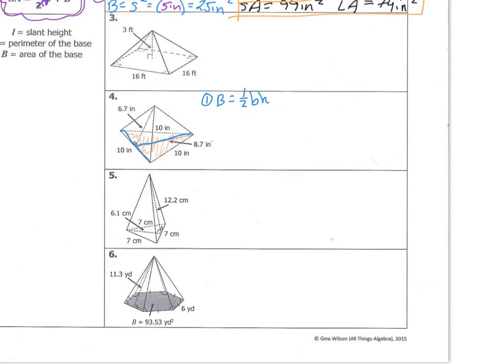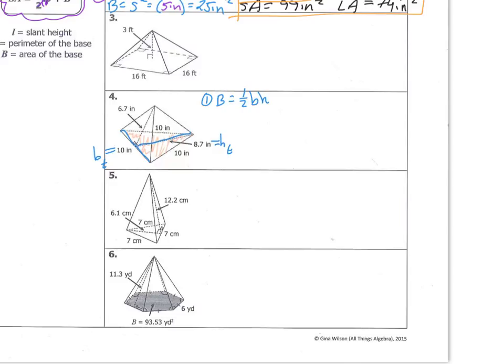So that means that this is the height of the triangular base, and this is the base of that triangular base. You could have used instead this as your base, of course. You might get a different lateral area, but you're still going to get the correct total surface area. So if you want to do that on your own, you're welcome to. Just compare to see what we're doing.